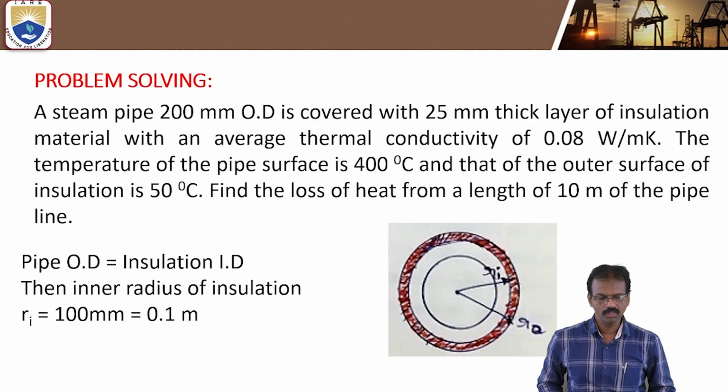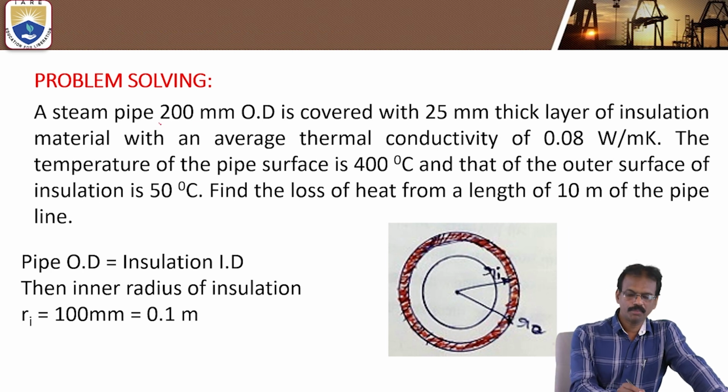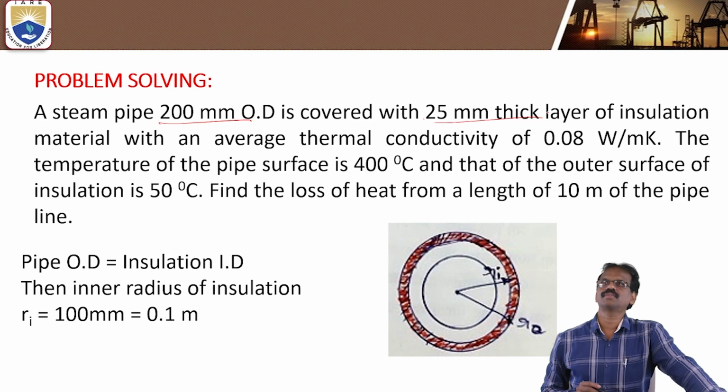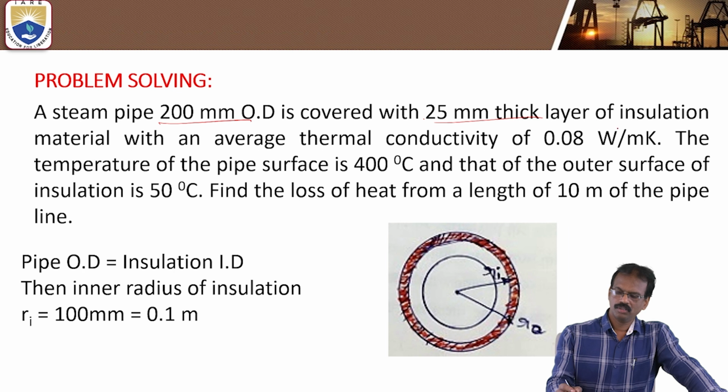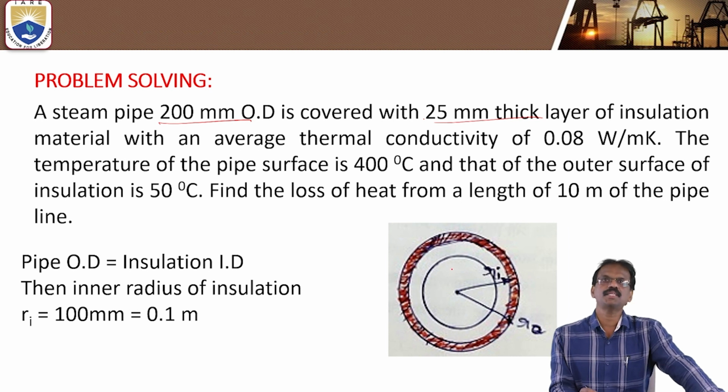We'll see the first one. A steam pipe 200 mm OD is covered with a 25 mm thick layer of insulation material. The thickness of the insulation material is equal to 25 mm. The red portion shows the insulation material. This is the inner hollow pipe, the steel pipe or steam pipe.